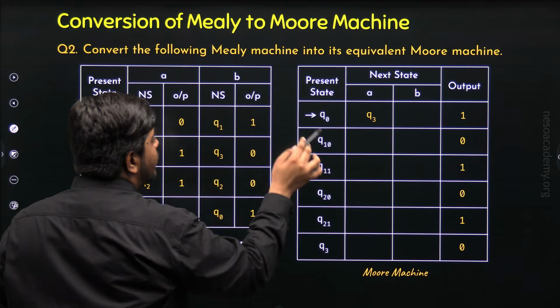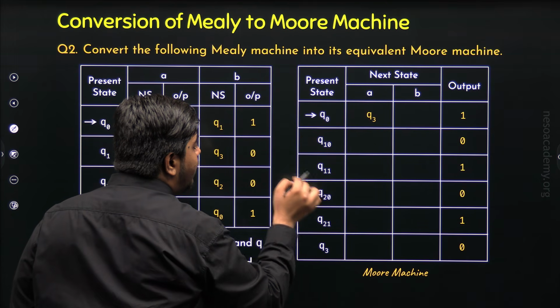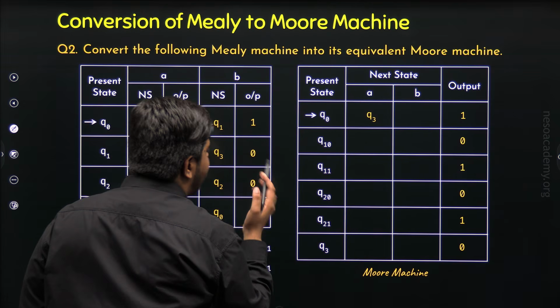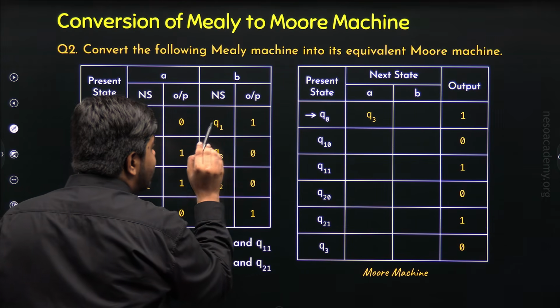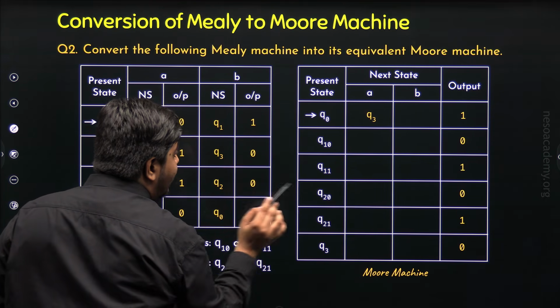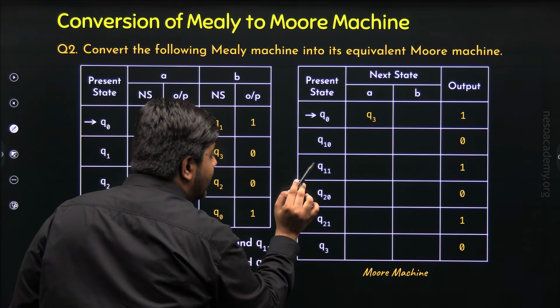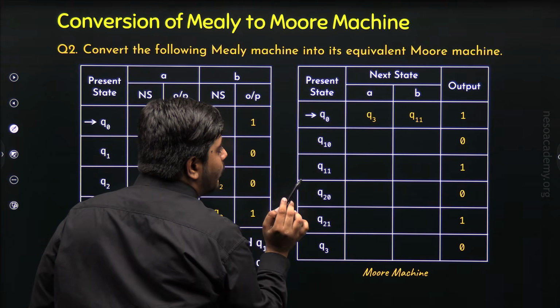Q1 is divided into two states, Q10 and Q11. So which of these will we write here, Q10 or Q11? Let's check. Q0 on B is giving Q1 associated with output 1, and Q11 means that Q1 is associated with output 1. That is why here we will write Q11 and not Q10.